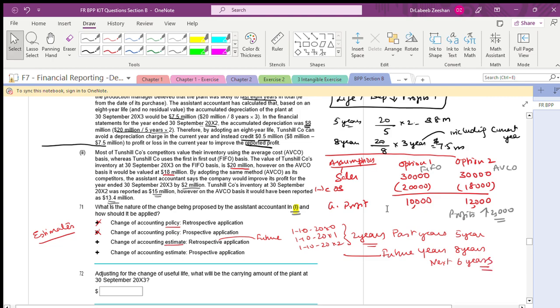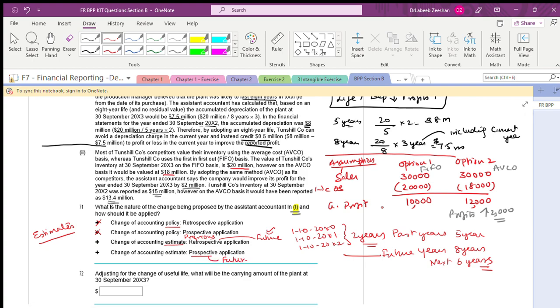If they are talking about the next 6 years, it is not retrospective, which means previous. We are not talking about retrospective. Retrospective means previous. A change of accounting estimate is prospective.